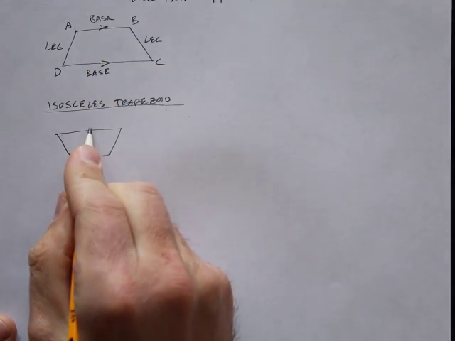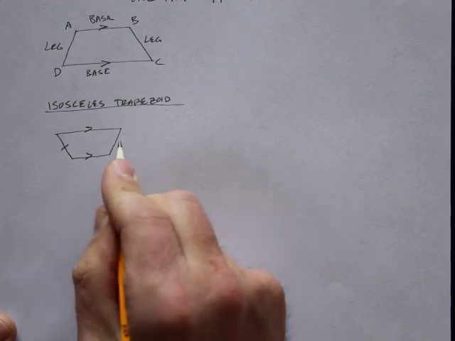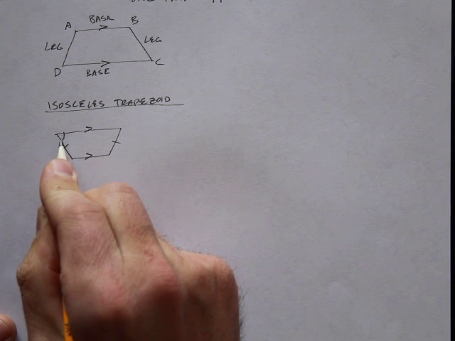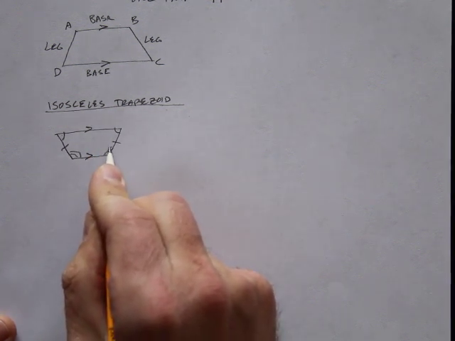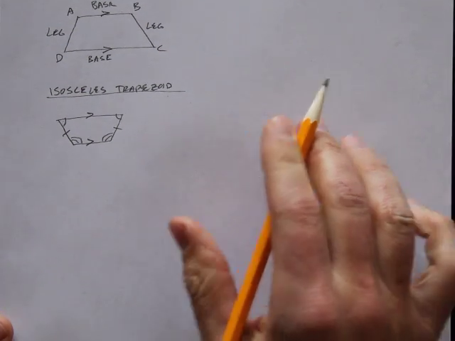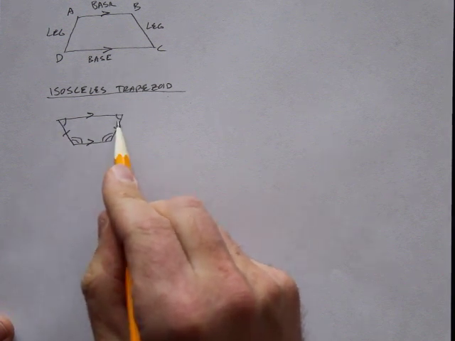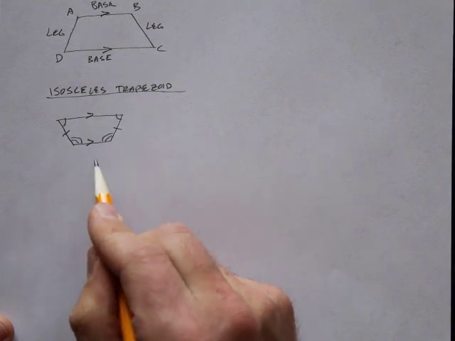But we've got bases that are parallel, legs that are congruent, and base angles that are congruent to one another. So this is an isosceles trapezoid. Notice how it kind of looks like an isosceles triangle, how the base angles are congruent and then the legs would be congruent here.